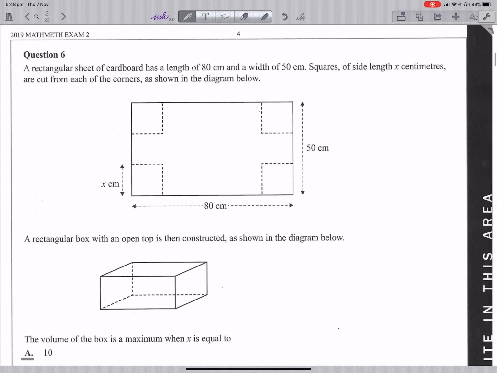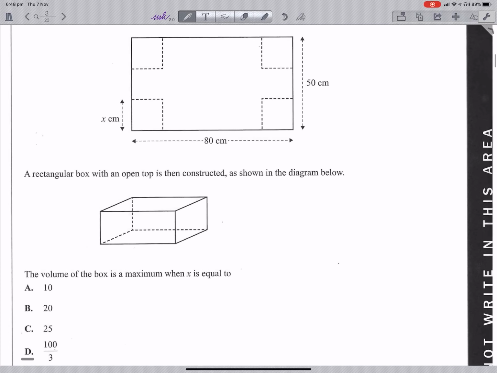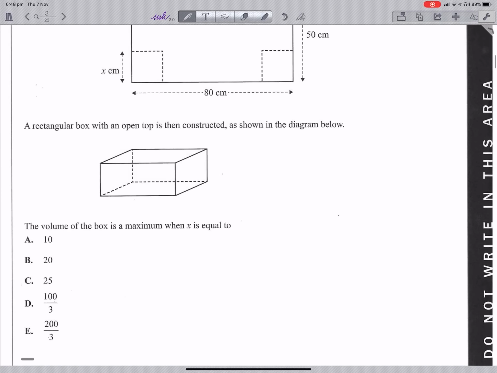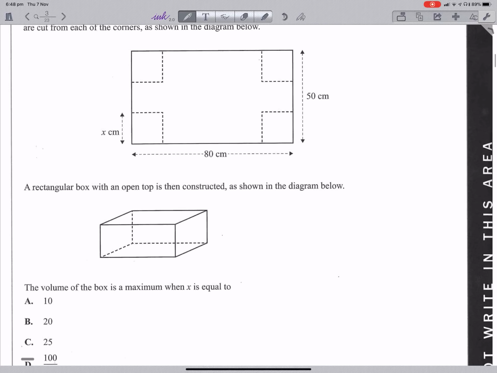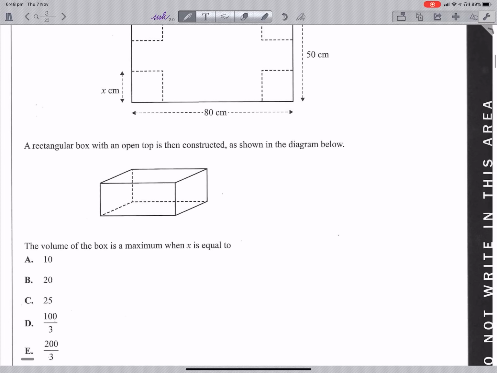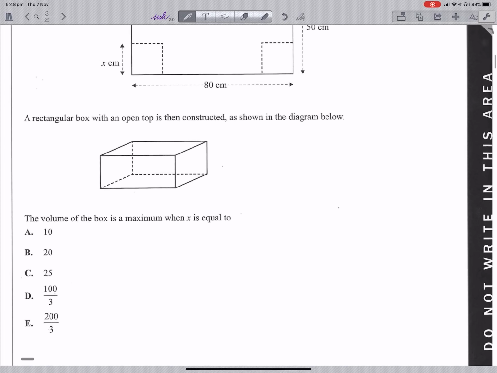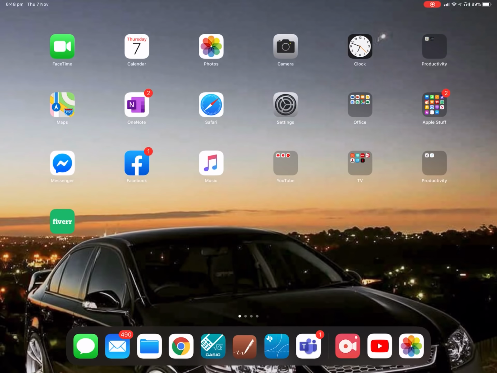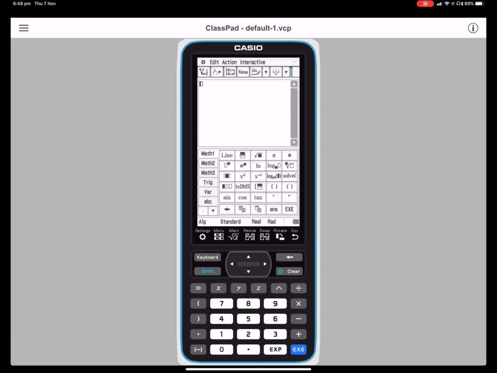Rectangular sheet of cardboard, 80 by 50, forming a rectangular box with an open top. The volume of the box is a maximum when... Okay, so dimensions are 80 minus 2x, 50 minus 2x, and x. So 80 minus 2x times 50 minus 2x times x, that's my volume.